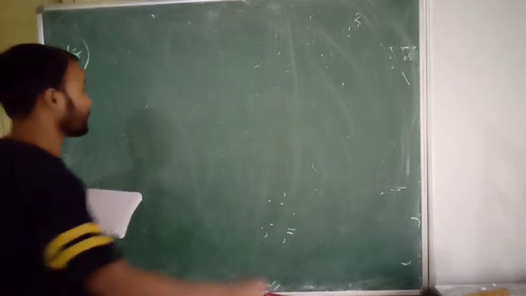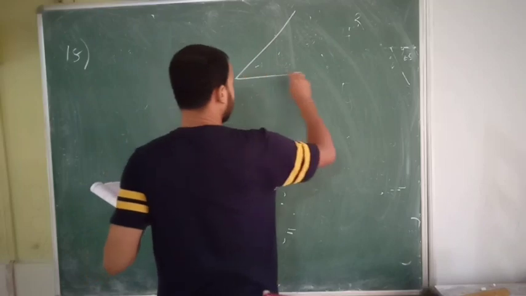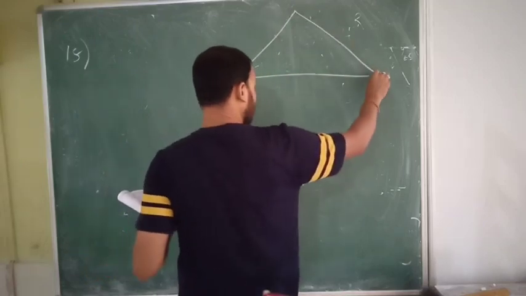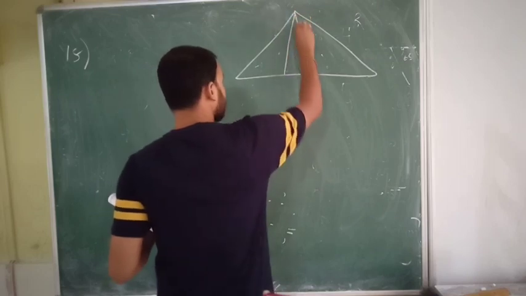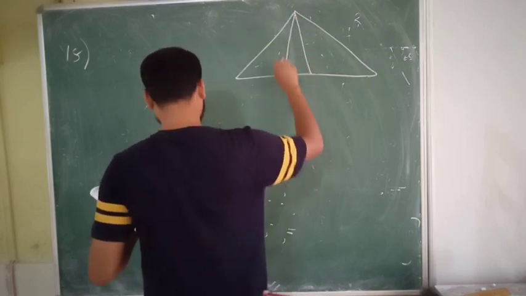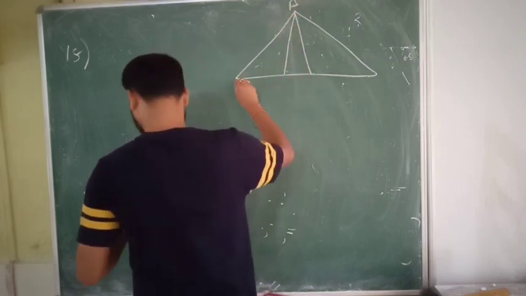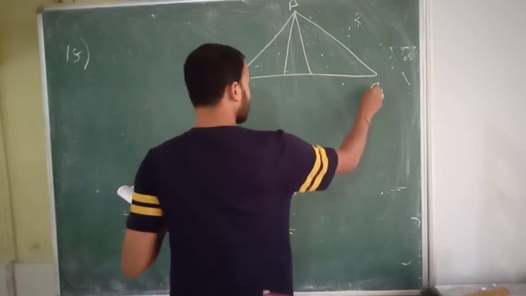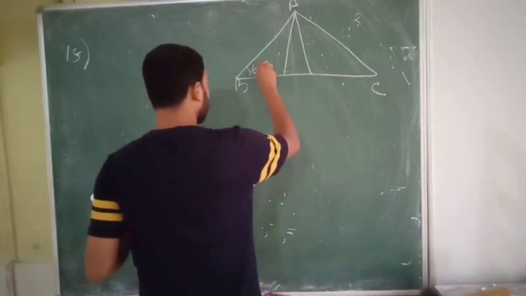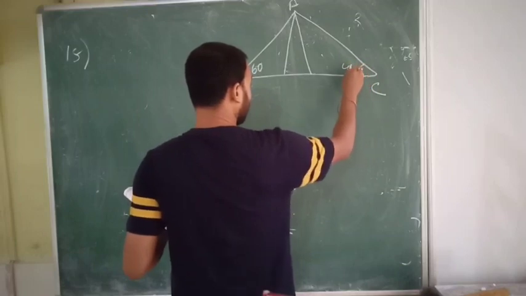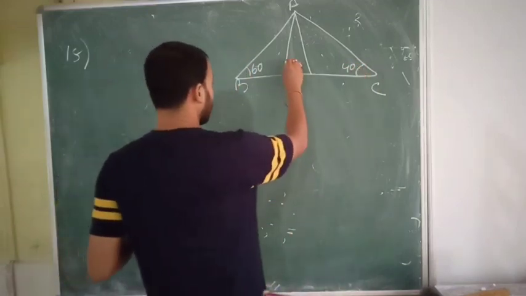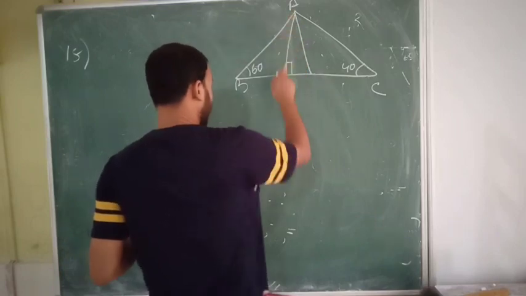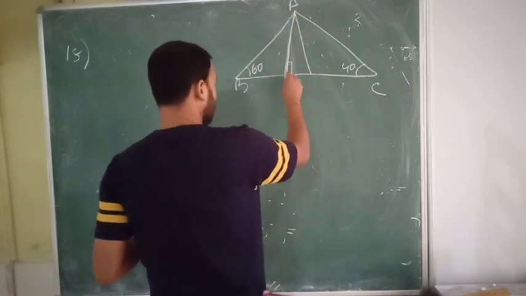A big triangle is given. A, B, C, 60, 40. This angle is 90 degree.